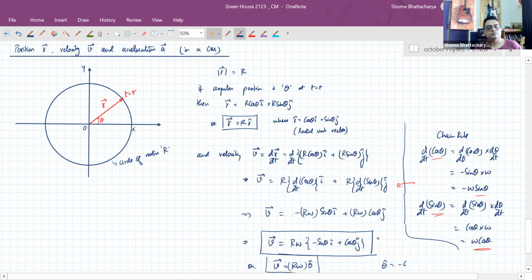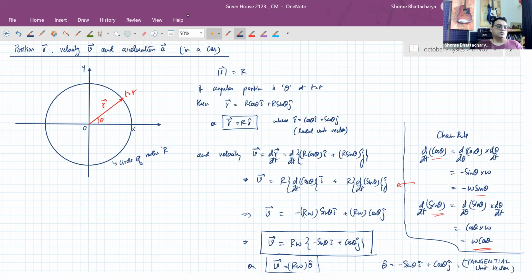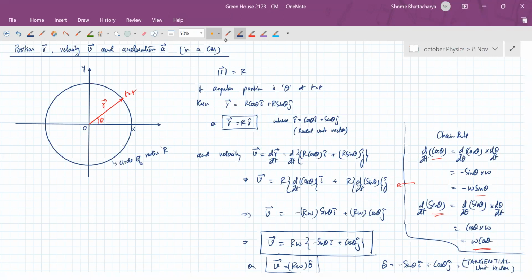So this is an important derivation in circular motion. It shows us that the velocity's direction is tangential and its magnitude is equal to R omega. Take note of this, please, people, to this point.